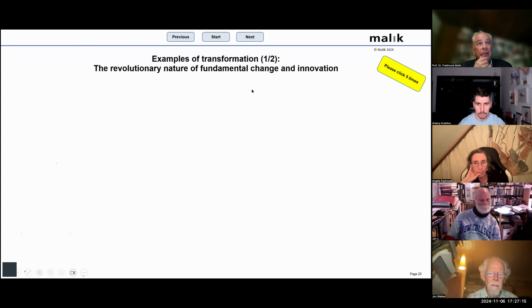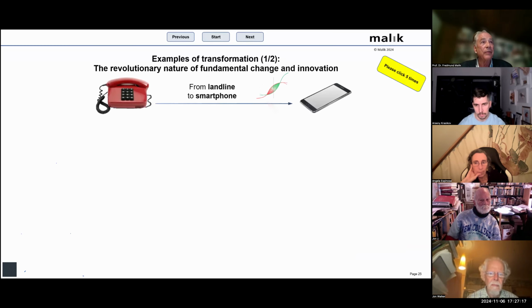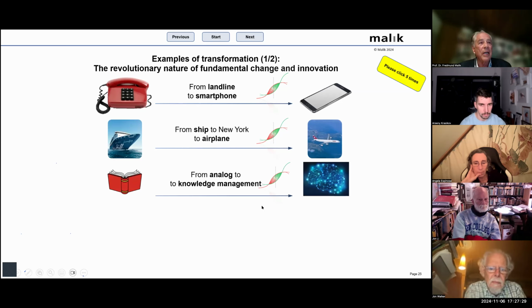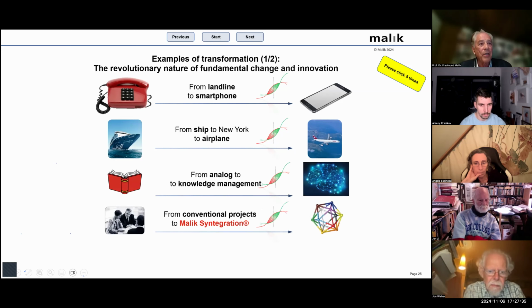revolutionary nature of fundamental change and innovation. So you know all this, from the landline telephone to the smartphone. The next one, from ship to airplane, all along the S-curves, from analog to knowledge management, and from conventional projects to disintegration.